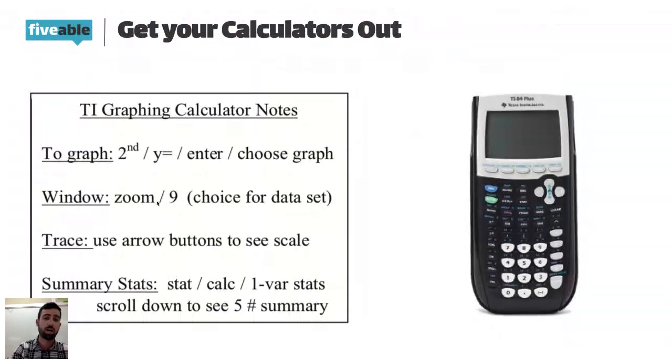So I broke down how you want to correctly get your window on the correct statistics. The trace button is also going to help you out. We'll learn about that. And then how do we actually gather summary statistics after we enter in the data? I would either screenshot this, or we'll get this out to you. This is just like a quick little breakdown. Here's how you use the calculator for chapter 1.